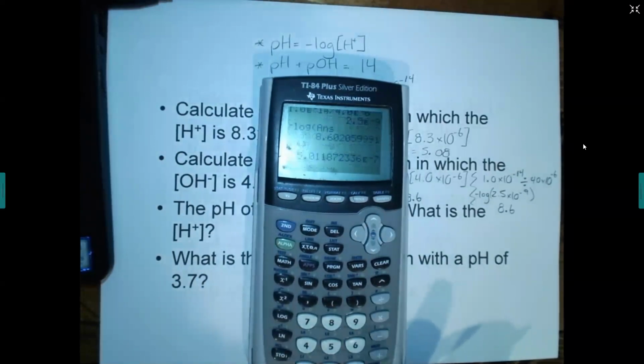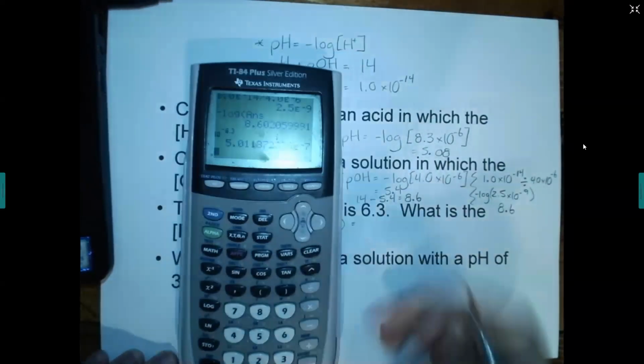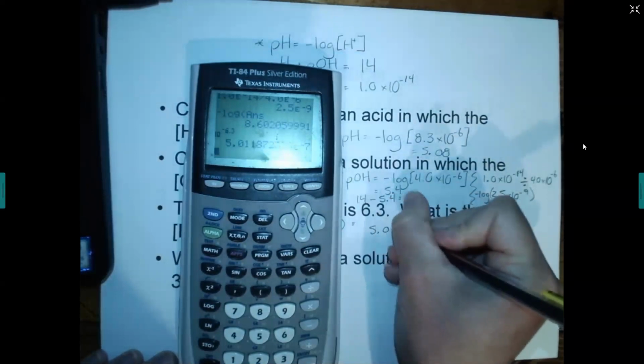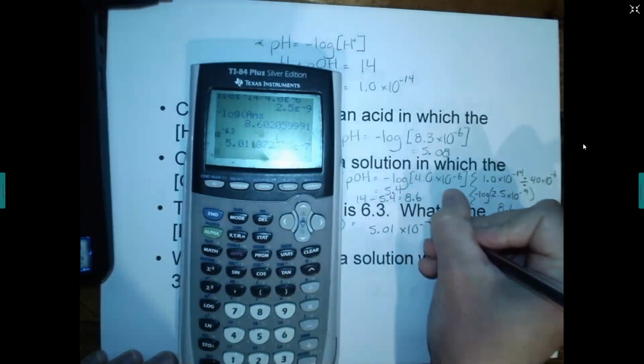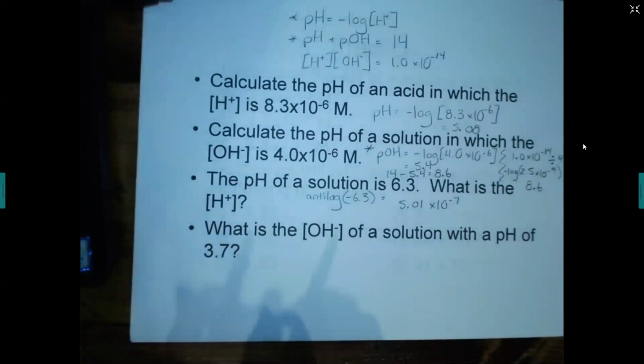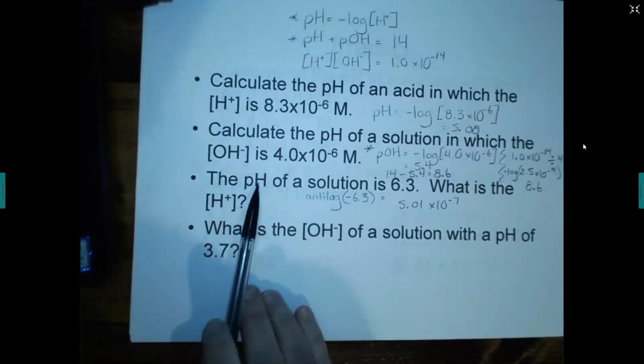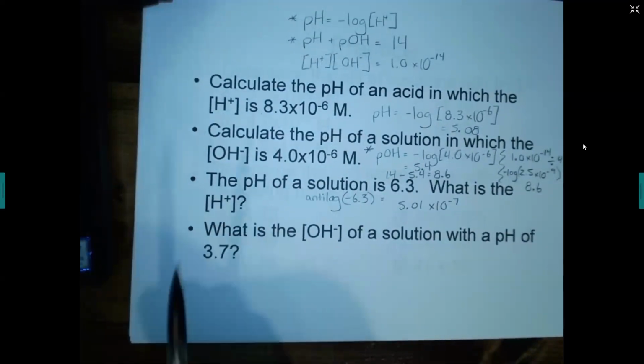And it gives me 5.01 times 10 to the negative 7. I don't have to do any addition or subtraction because this was the concentration of hydrogen ions, and I'm finding the pH.